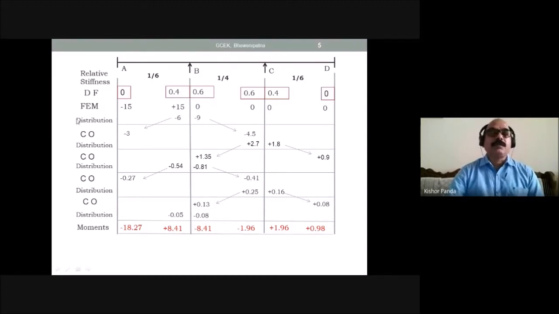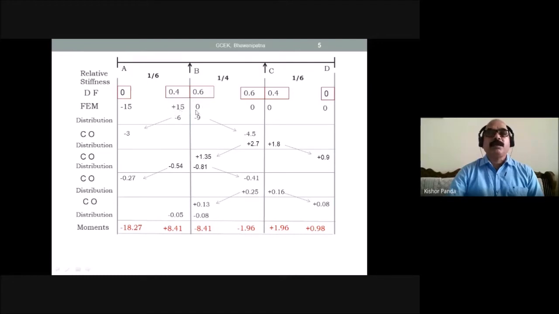So you start from here. You have to go for the distribution of this moment. This is the fixed end moment. Then you go for the distribution, or balancing the unbalanced moment. So this is -15 into 0, so what is the moment here after distribution? 0. But what is the net unbalanced moment at joint B?